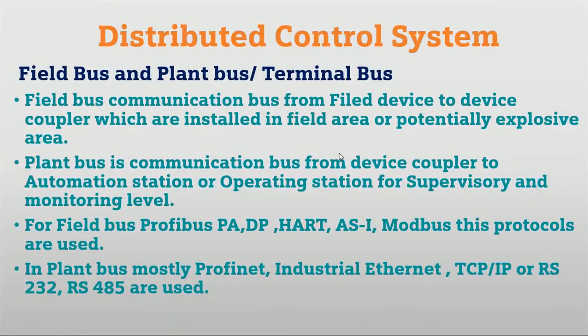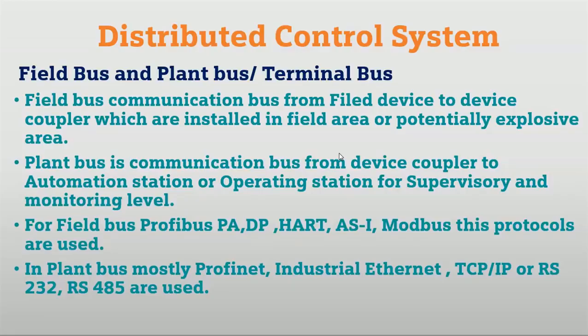Field bus or plant bus and terminal bus. Field bus is the communication bus from field device to device coupler, which are installed in the field area or potential explosive area. Plant bus is the communication bus from device coupler to automation station or operating station for the supervisory monitoring level.